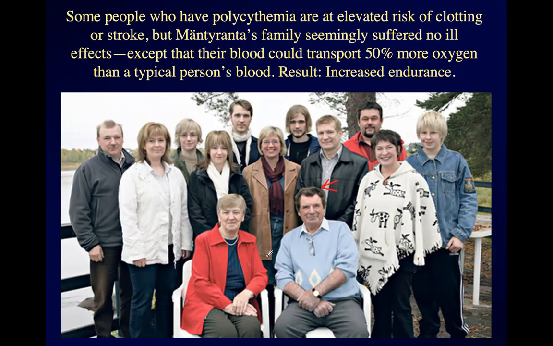How far back it happened, we're not sure. And what it did was, in fact, maybe not as cool as Cyclops' optic blasts, but it did, in fact, convey a superpower. Montiranta was naturally very, very good at endurance athletic events.